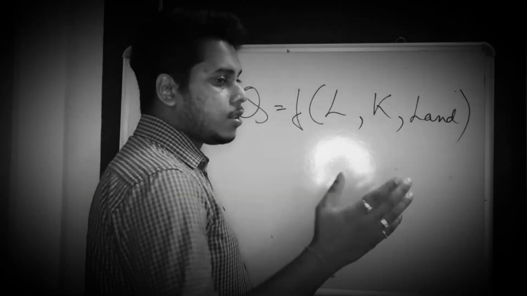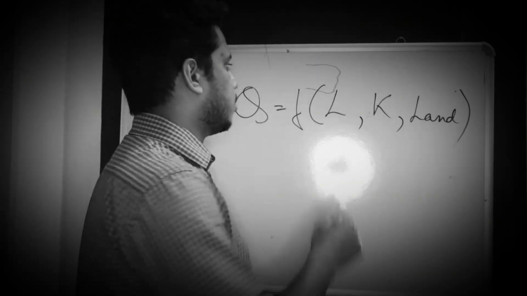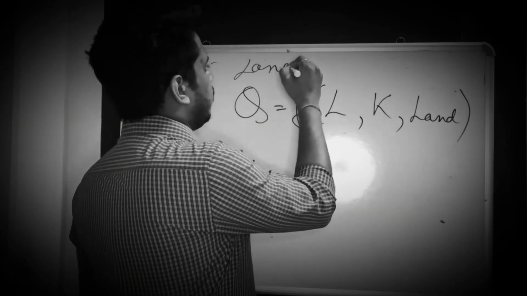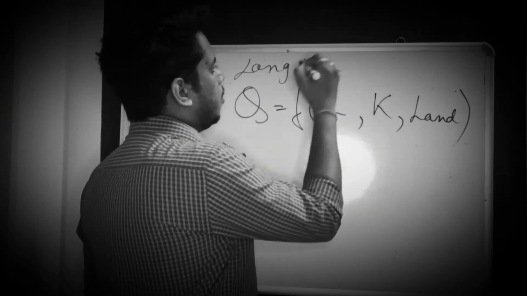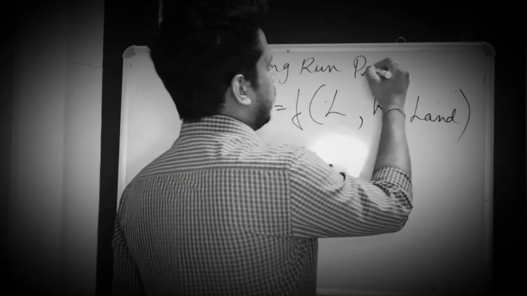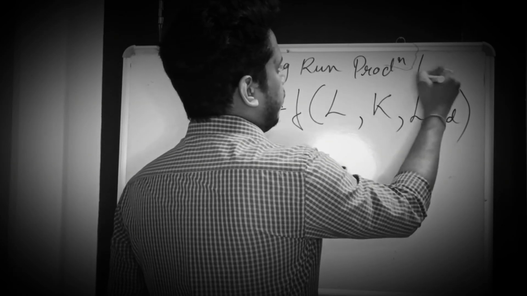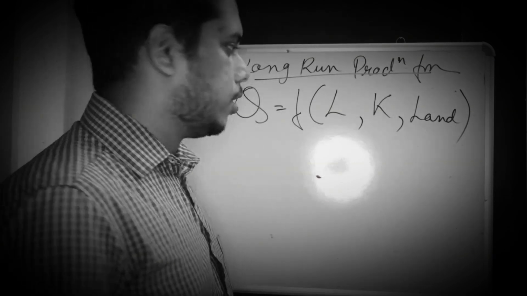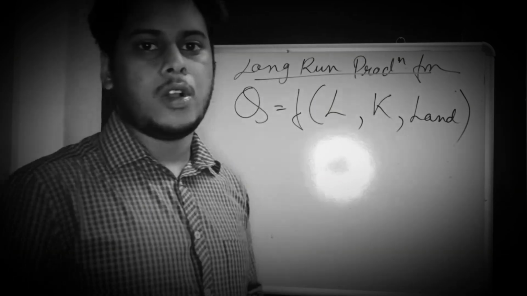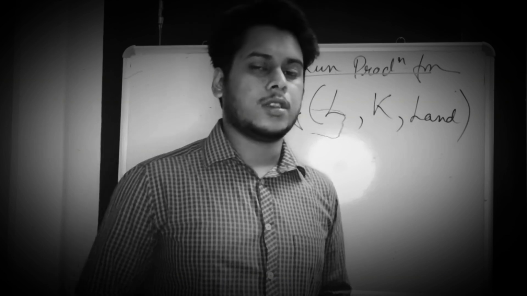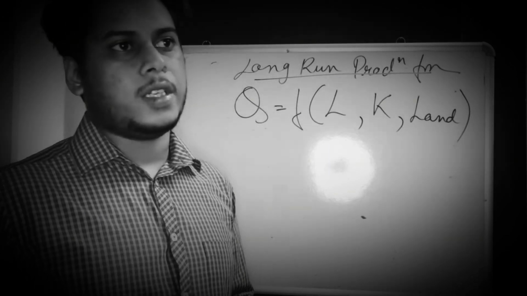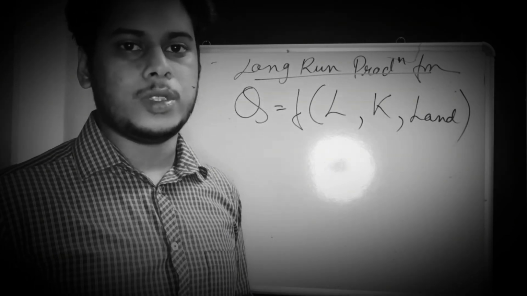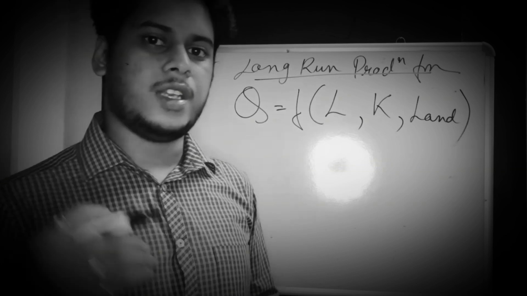Now let us move to the long run production function. The long run production function, on the other hand, consists of all variable inputs. It does not have any fixed input. The time frame is so huge that you can bring about change in any of the inputs.